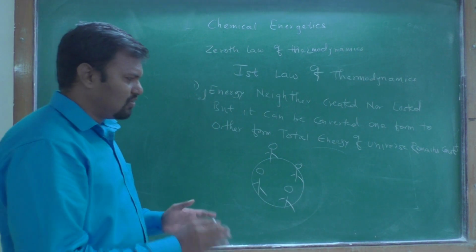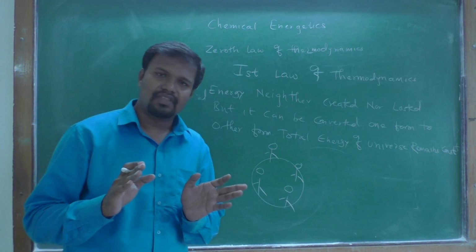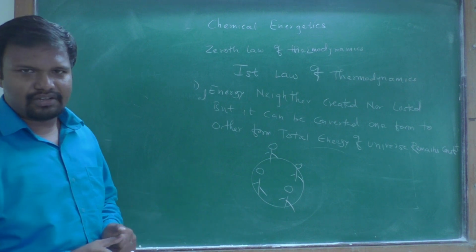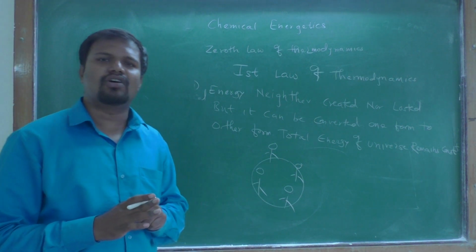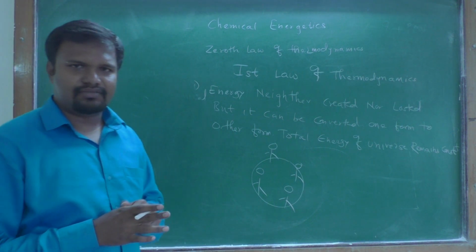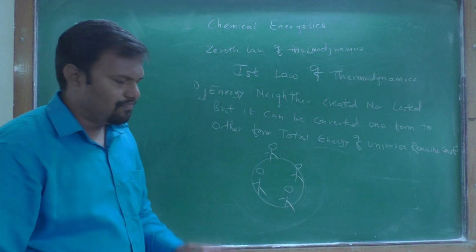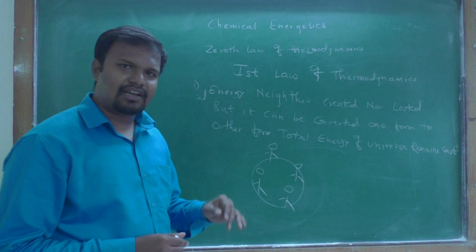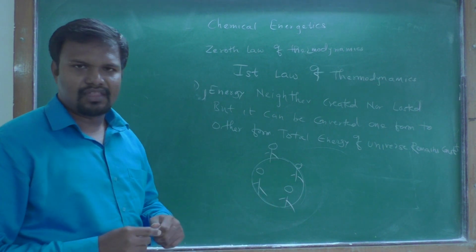An isolated system means no energy or mass is transferred from outside. That system is isolated. There is one area in the sea, and these 4 people are living there and they cannot move from this area.